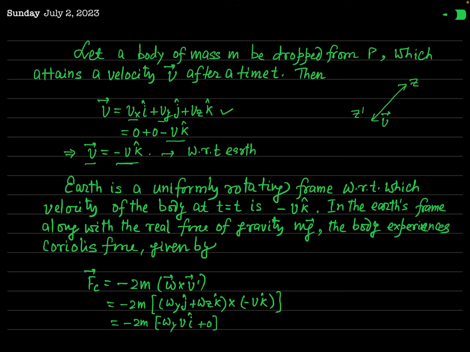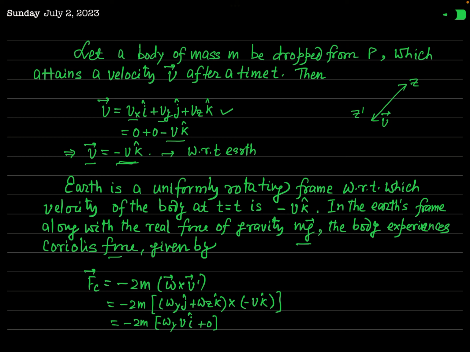Now you can see that our body has a velocity minus v k with respect to the rotating frame, which is the frame of the earth, and the frame is itself rotating with angular velocity omega. So apart from the real force, which is the force of gravity acting on our body, if our aim is to write down the equation of motion of the body, we must take into account the pseudo force, which is called the Coriolis force.